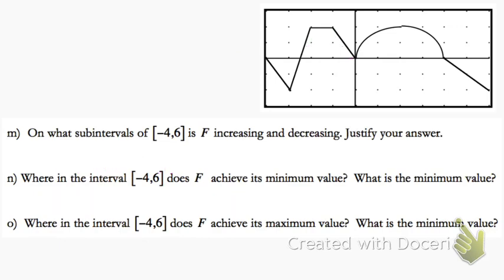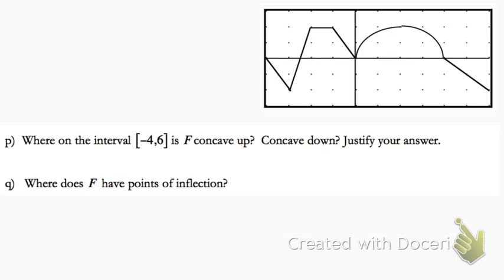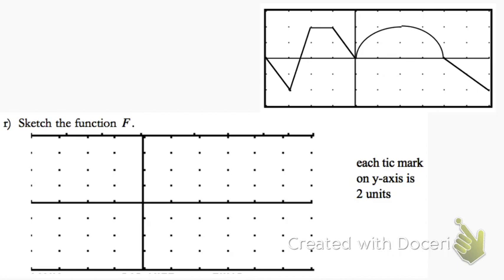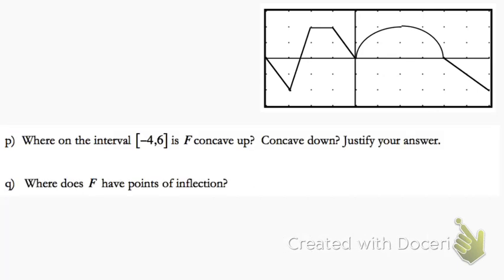Next question. Where in the interval is f concave up and concave down? Again, I'll just write the concavity intervals. So it's concave up wherever the derivative is increasing, which is from -3 to -2, union 0 to 2.